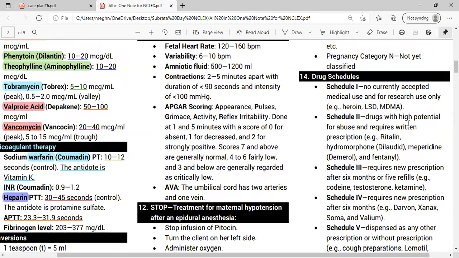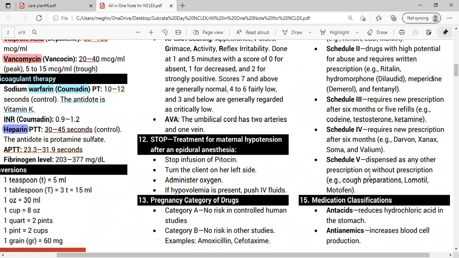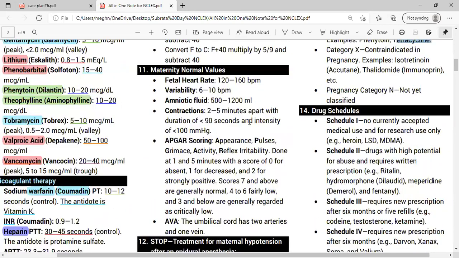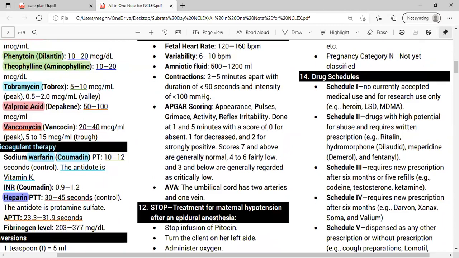So here we are showing some drug schedules: schedule 1, 2, 3, 4, and 5. Schedule 1 means no currently acceptable medical use, or for research use only.